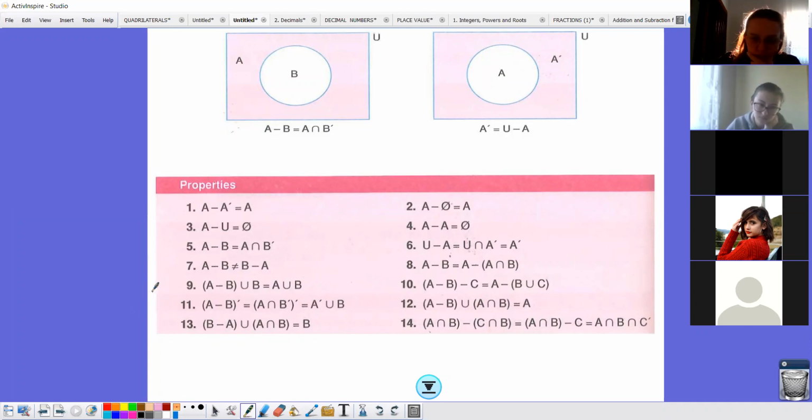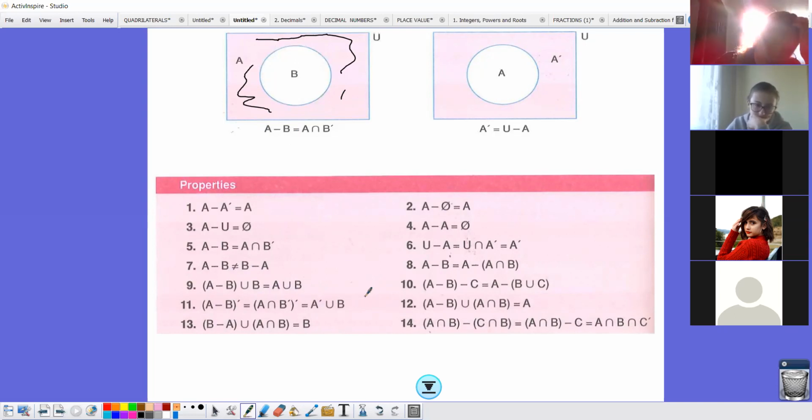For example, here, A difference B union B will give you A union B again. Because look here in this Venn diagram, this part is A difference B, and we are putting B inside again, so it will be A union B together. That is the logic of it.